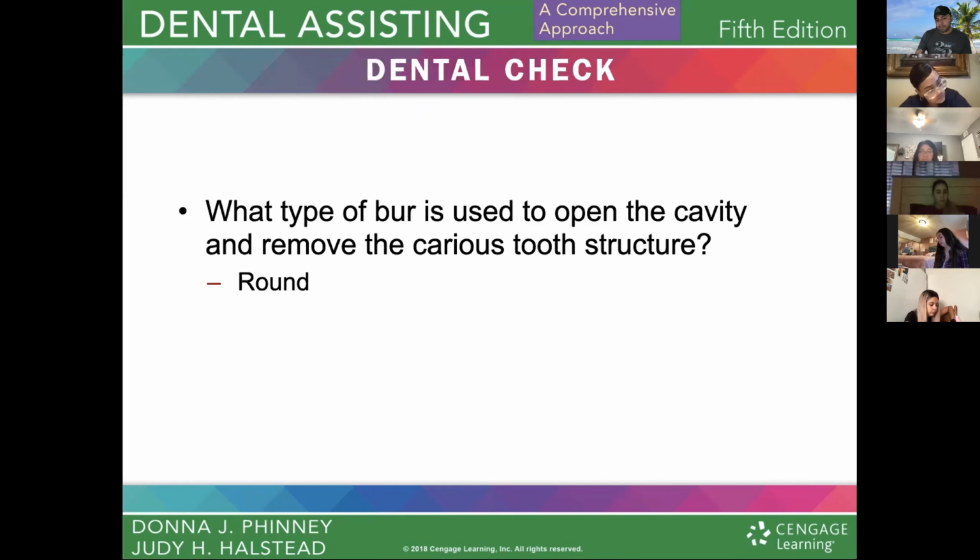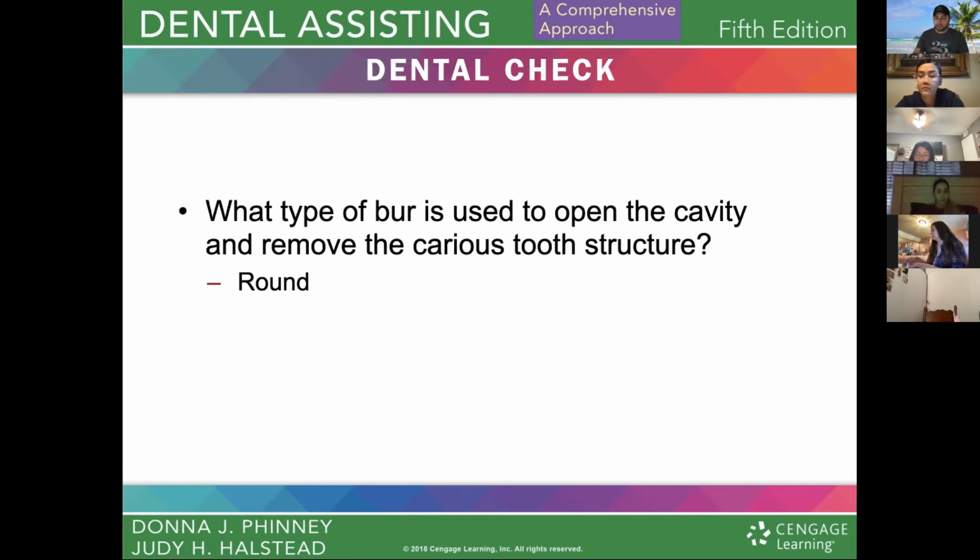A cone shape is sort of the same thing as a round. It just happens to be a different shape. Depending on what your doctor is doing, if you think of a round or spherical shape, that'll make a smooth opening. A cone shape will actually put undercuts into the cavity preparation walls.